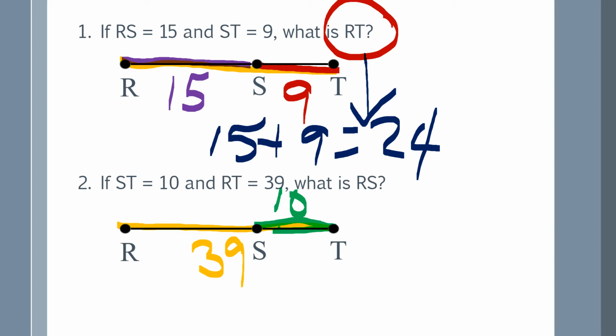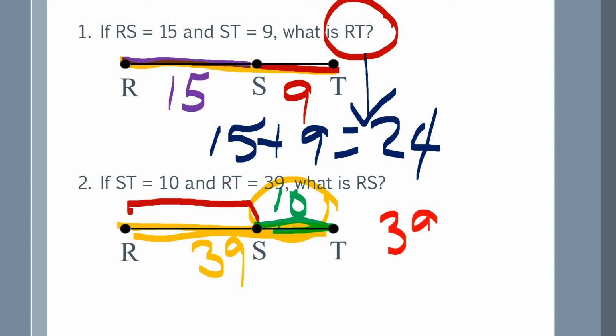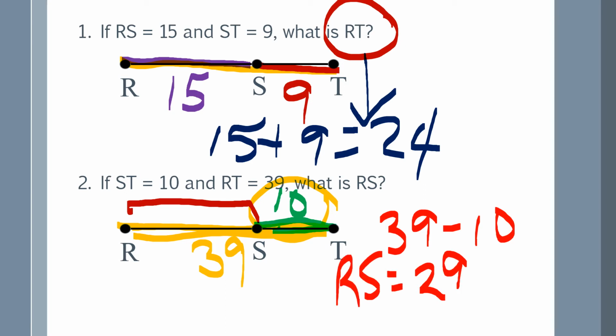What is the distance between R and S, which is part of the segment? So since we have the whole segment and we have part of the segment, we're going to take those 2 and subtract, and we end up with 29. So the length of segment RS is 29 units long.